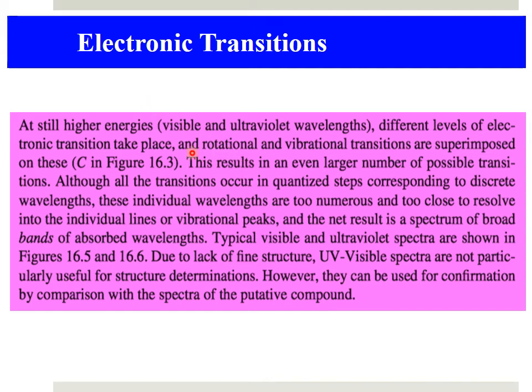Although they are quantized and only occur when the radiation has the energy difference required for the rotational, vibrational or electronic transition, they will occur anyway. So if we have the energy necessary for an electronic transition, then rotational and vibrational transitions will also occur.